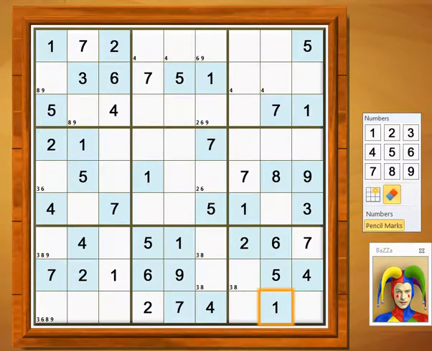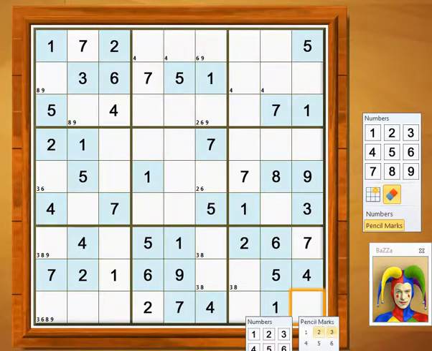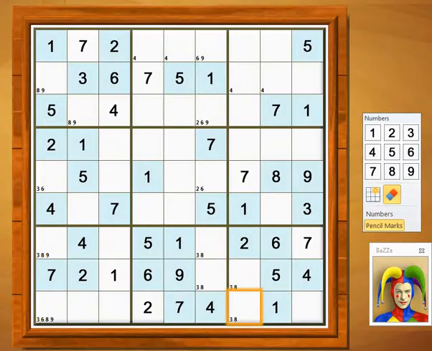So if we come down to this one here that has only another 3 numbers missing, and we can see that we've got 1, 2, 3, 4, 5, 6, 7, so it's 8, 9, so it's 3, 8 and 9 that is missing. So we'll pencil them in, 3, 8, 9.